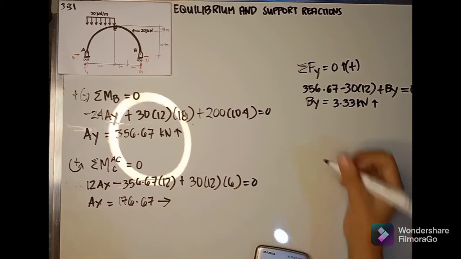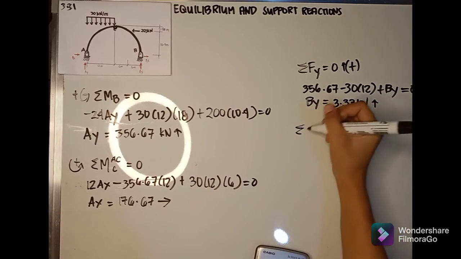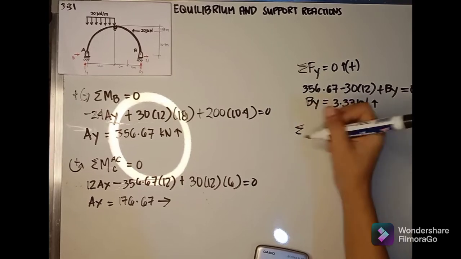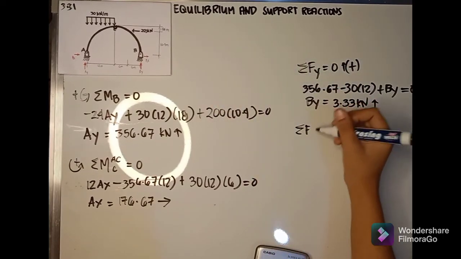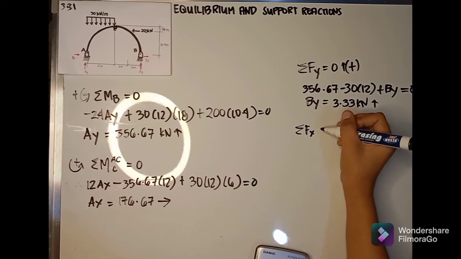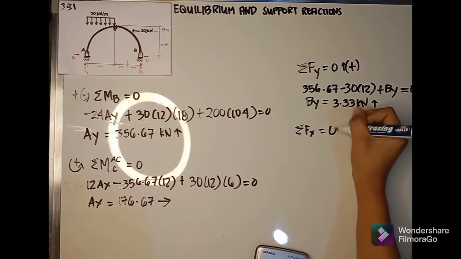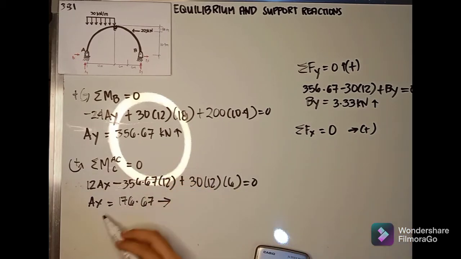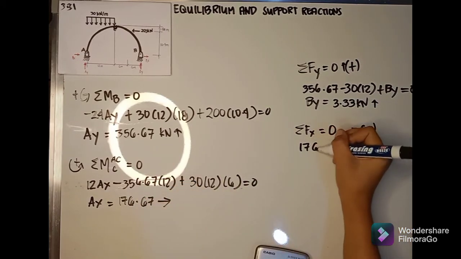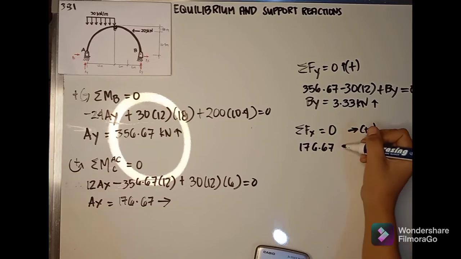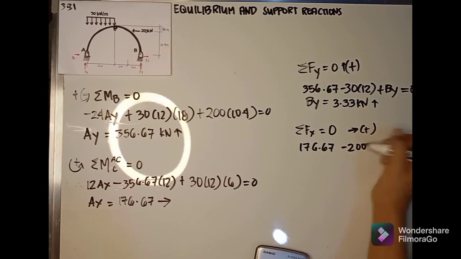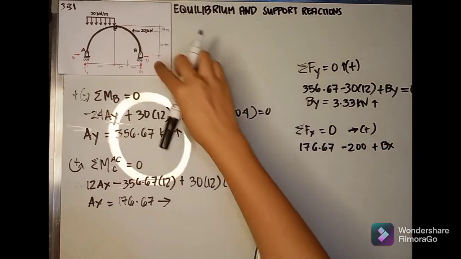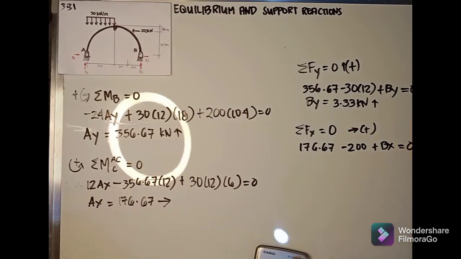Solving for BX, we're using summation of horizontal forces equals 0, to the right is positive. So, AX, 176.67, minus 200, plus BX, since we assumed BX is positive, equals 0.